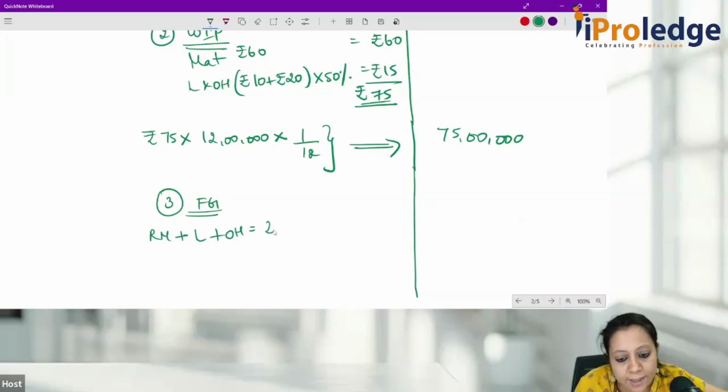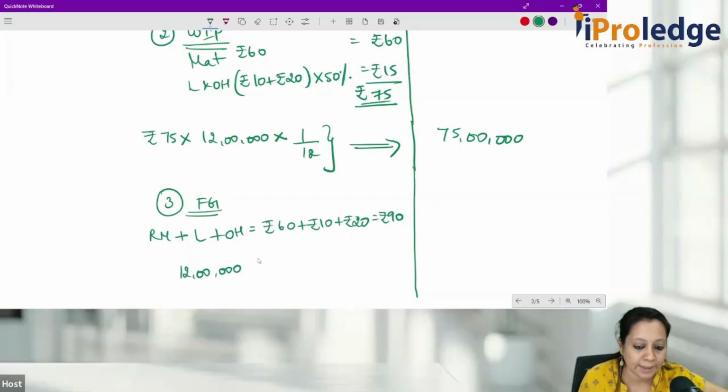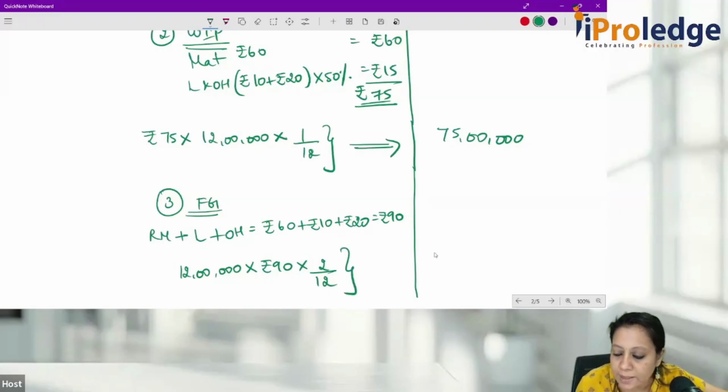How much is that, dears? It is 60 plus 10 plus 20. That is going to be 90. This is the cost for how many units? 12 lakh units. And finished goods inventory held for 2 months is given in the fourth row of the table in the question. So it is going to be 12 lakh units into rupees 90 into 2 divided by 12. How much is it, students? Yes, 1 crore 80 lakhs. Thank you, dears.